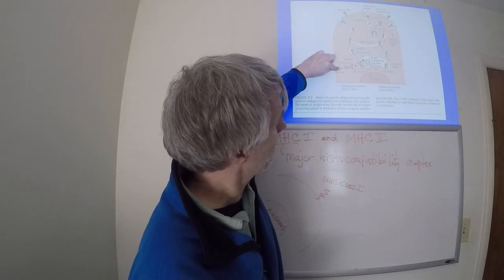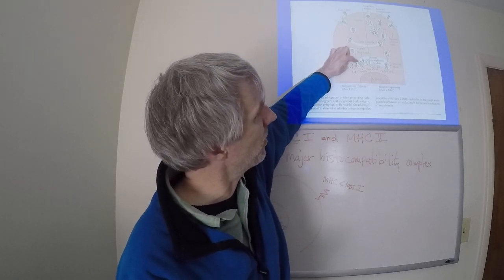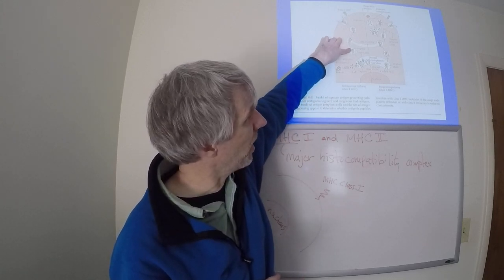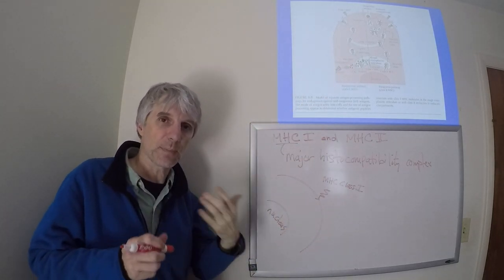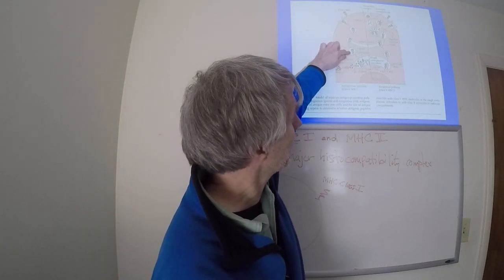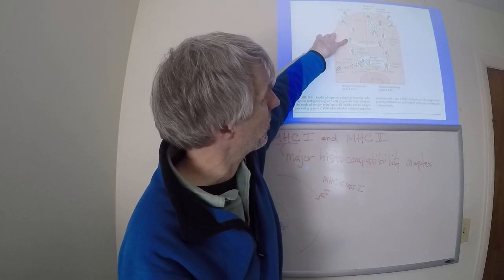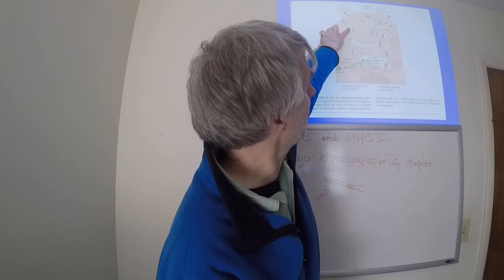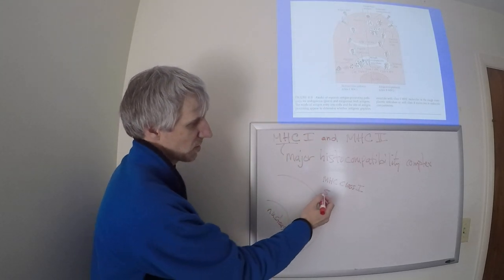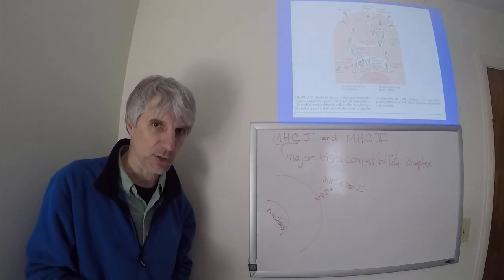So this is chopped up, pushed through, binds, and now we have a vesicle leaving the endoplasmic reticulum with an MHC class 1 plus a little peptide on it. And this peptide is from a protein that was made inside the cell. Okay? Then the vesicle fuses with the Golgi and then leaves the Golgi, and eventually this protein ends up on the surface of the cell with the associated peptide attached to it.